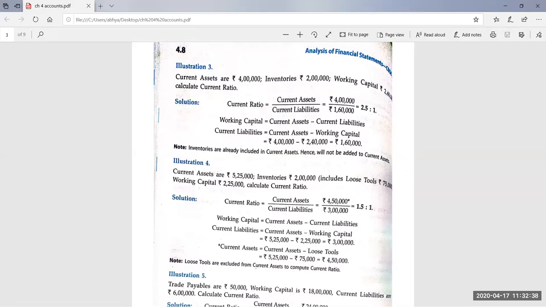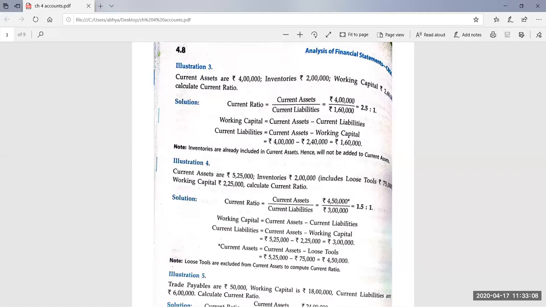In current assets, we include only those which are convertible into cash. Loose tools we are not going to sell in the market. That's why while finding the current ratio, we deduct loose tools from the current assets, but not for any other thing, just to put it in the formula. While calculating current liabilities, you will use the total current assets including loose tools.